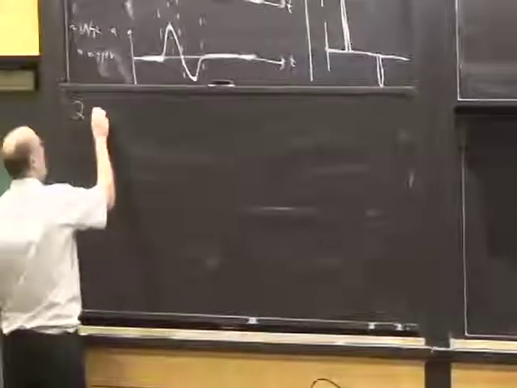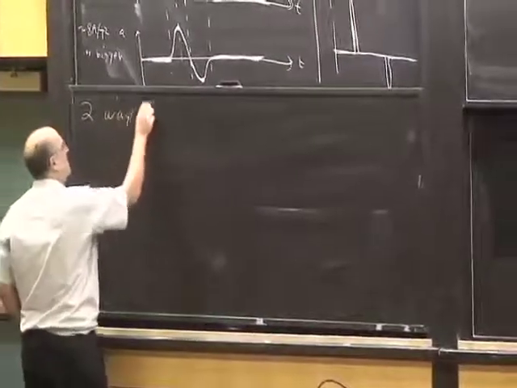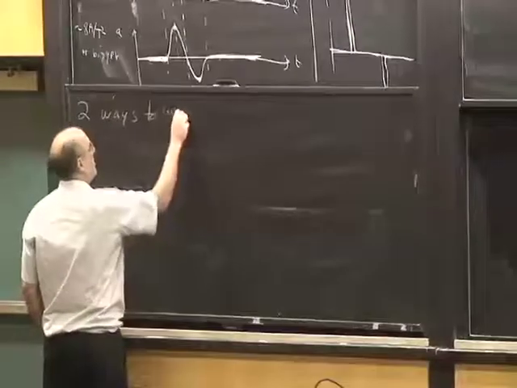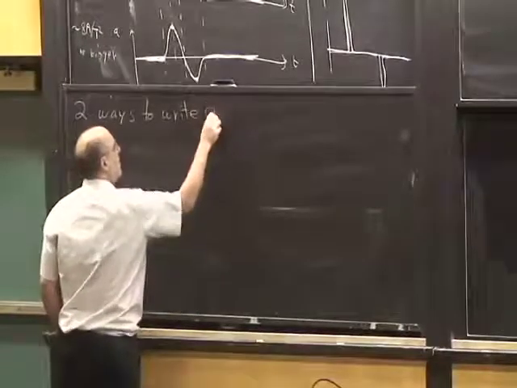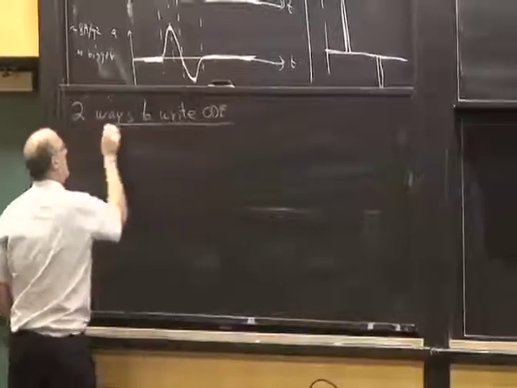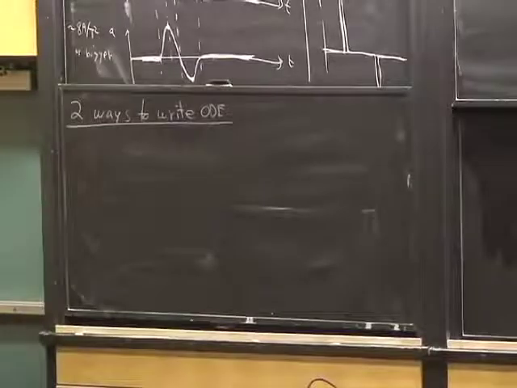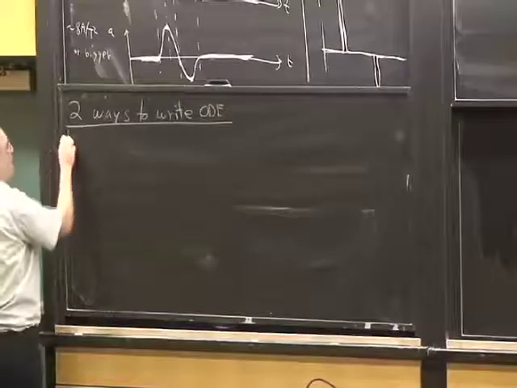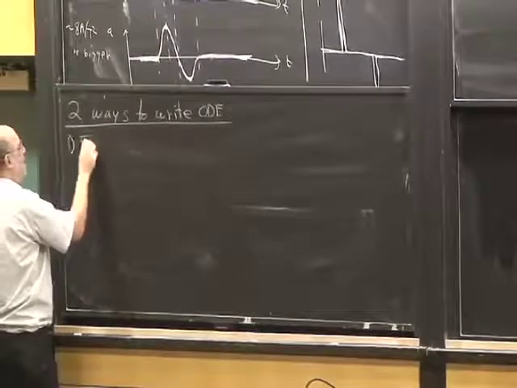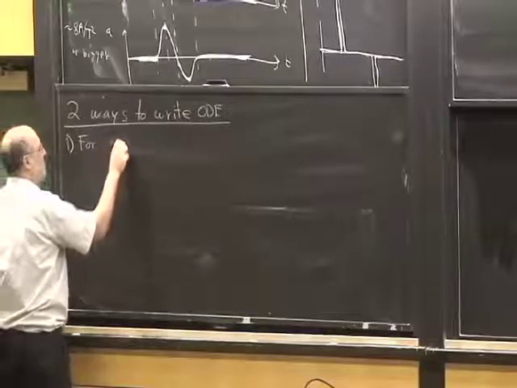Okay, so there are a couple ways to write this differential equation. The first one is the one that I actually care about more, and this is setting it up for numerical solution.